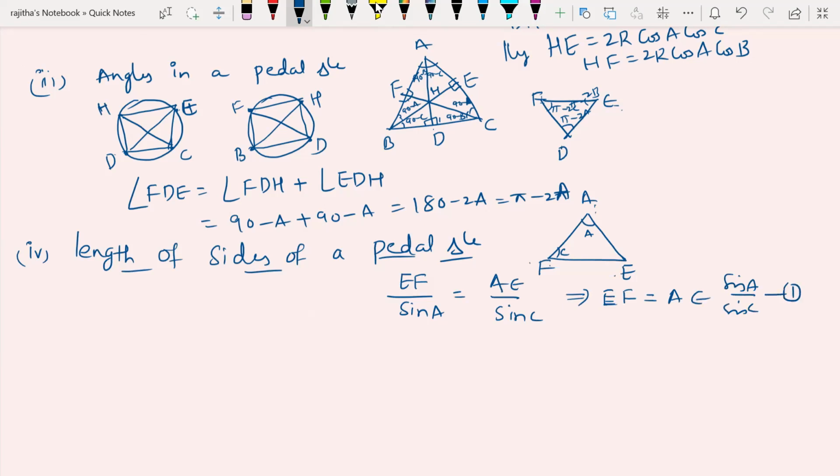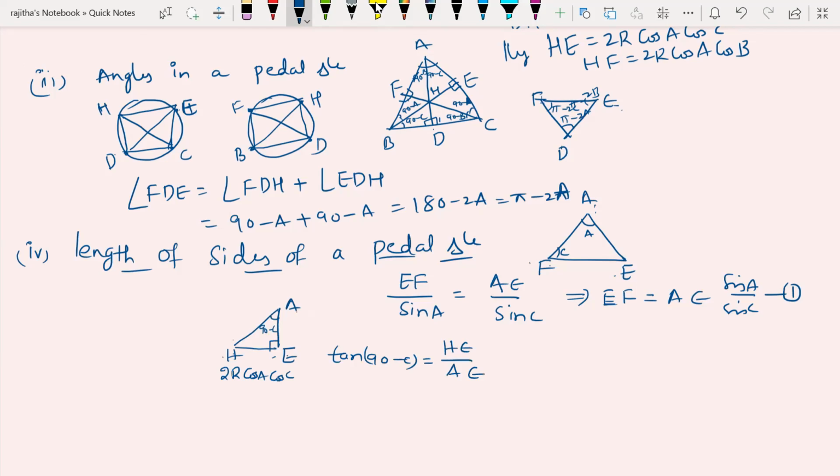And one more, observe clearly here. This is a right angle triangle AEH. You already know I proved previously HE is equal to 2R cos A cos C. Here the angle is 90 minus C. So tan of 90 minus C is equal to HE by AE.